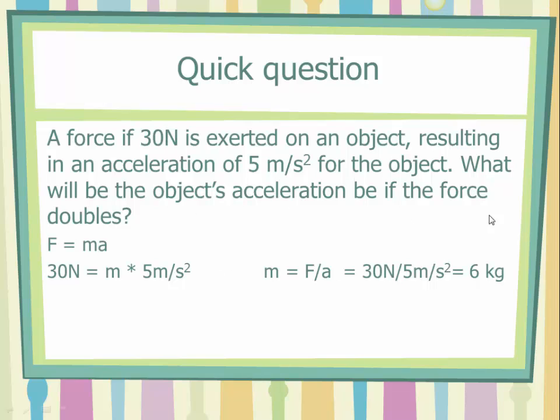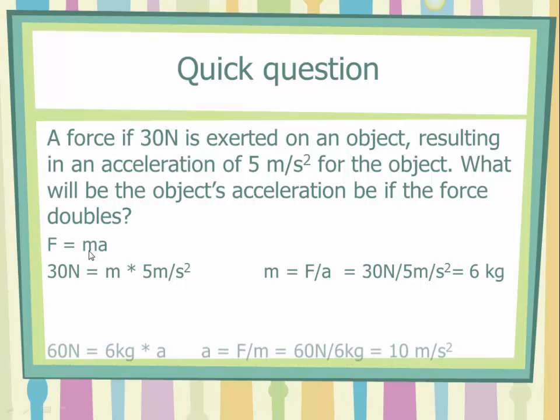So now the question is, what will the object's acceleration be if the force doubles? So now we can double this, so we have 30, double it, you get 60. The mass is not going to change, so the mass is still going to be 6, but now for force you're going to have 60, and for mass you're going to have 6.